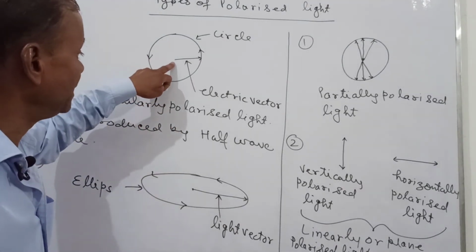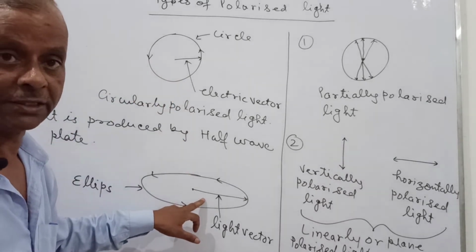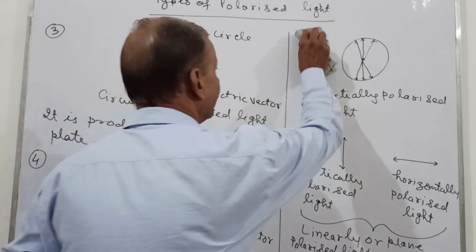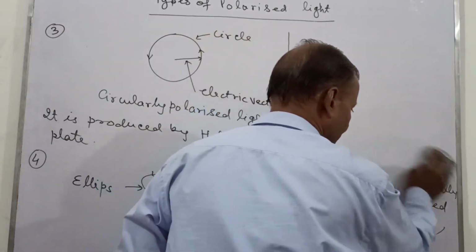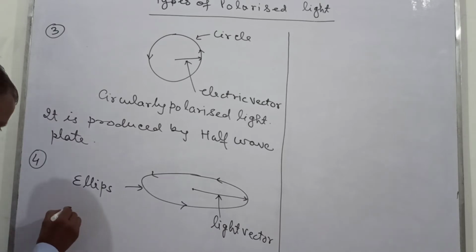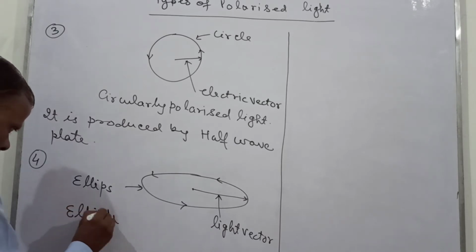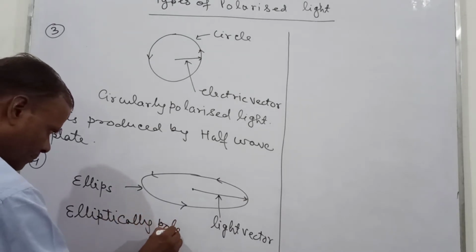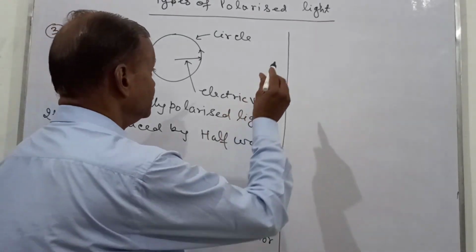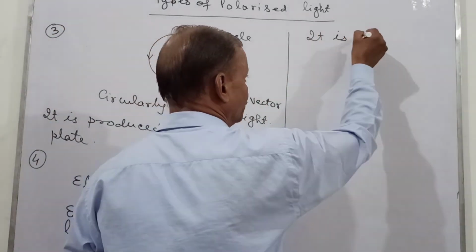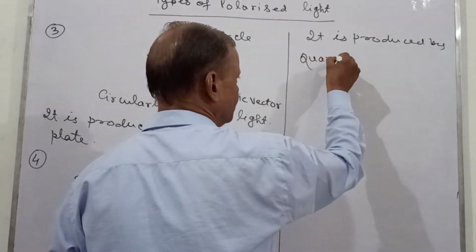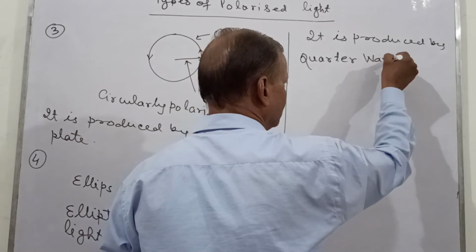Here the amplitude of the electric vector is not constant, but it is varying, because of that it is the elliptically polarized light. It is produced by quarter wave plate.